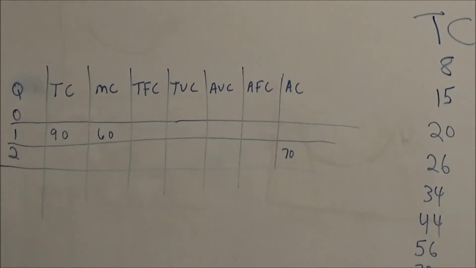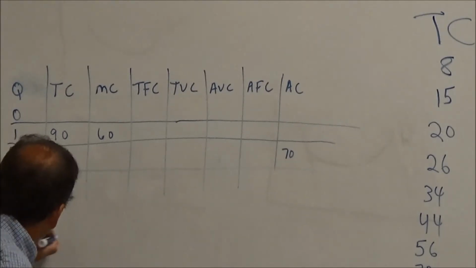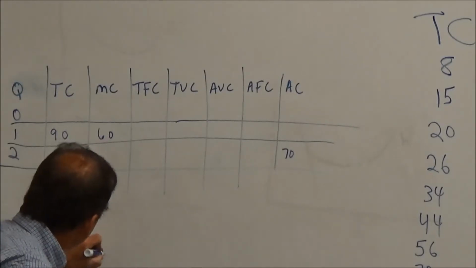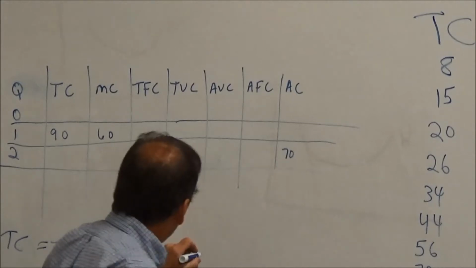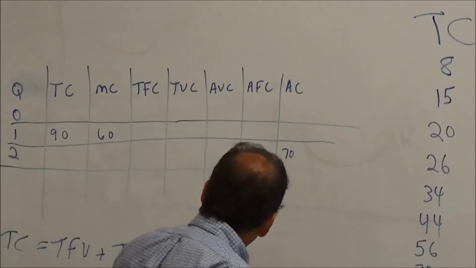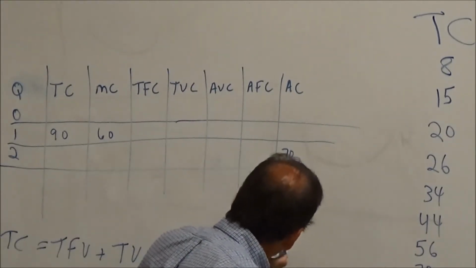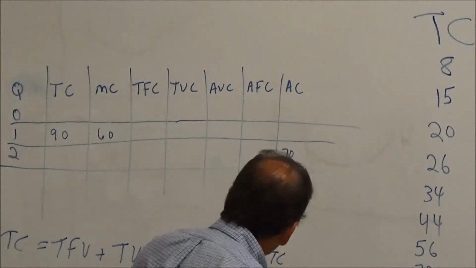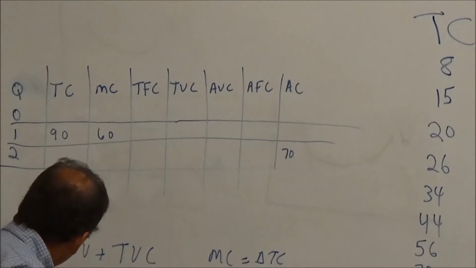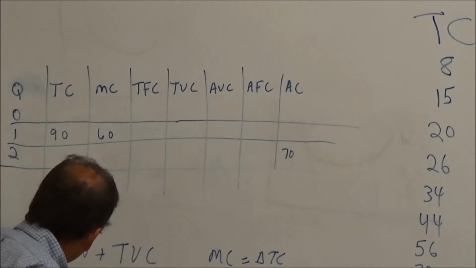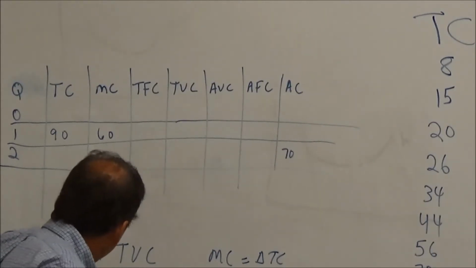Knowing the formulas, TC equals TFC plus TVC. MC is the change in TC over the change in Q. And then average cost equals average fixed cost plus average variable cost.